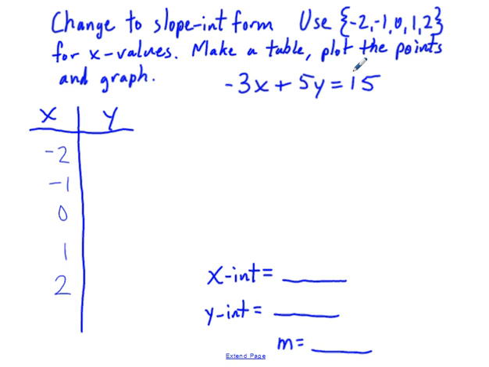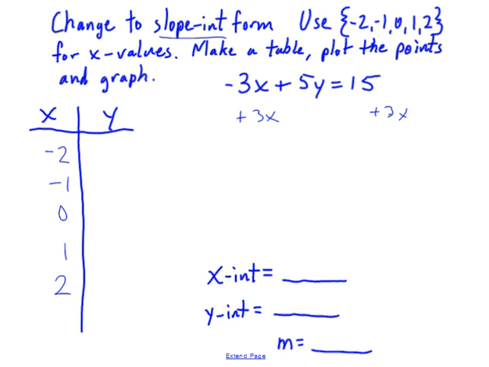We have this equation right here. It's in standard form. Change to slope-intercept form. That could be very helpful. Well, we'll do that right now. We want to solve for y. Add 3x to both sides.